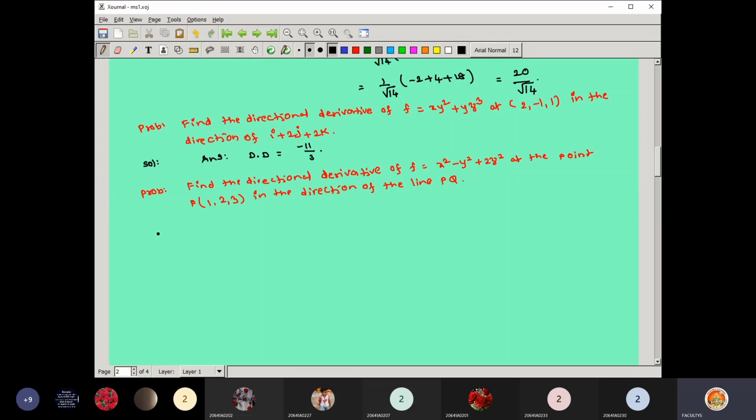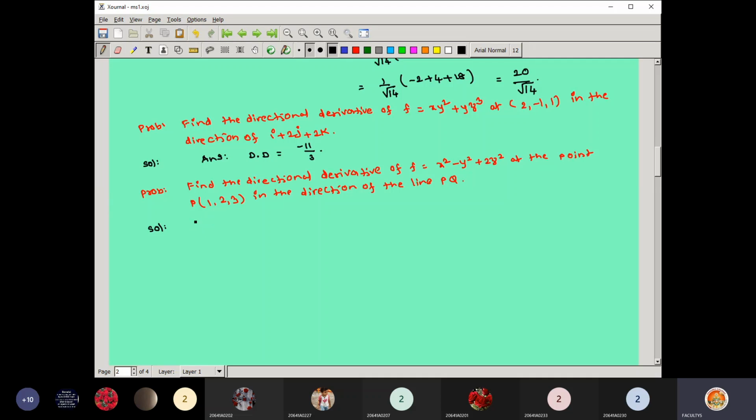So we need to calculate one vector. As per the given problem, we are asked to calculate the directional derivative of a scalar at a point in the direction of a line. For that particular line, we need to calculate a vector. Otherwise, you cannot find the unit vector. After getting the unit vector only, you can find the directional derivative.